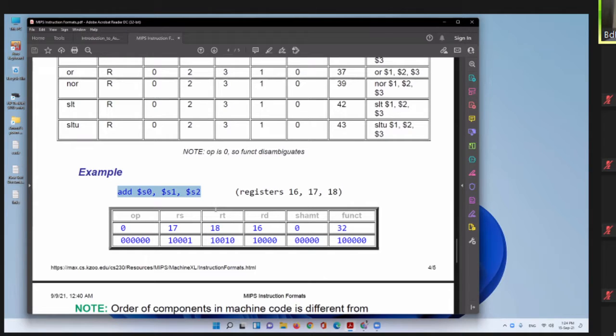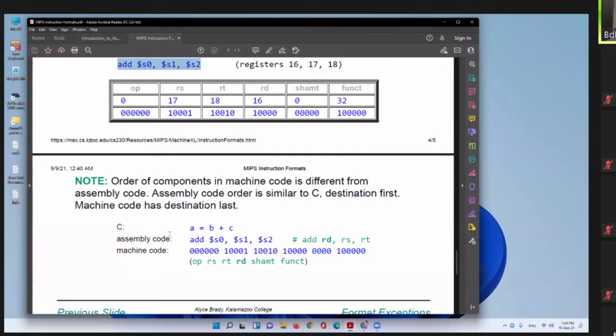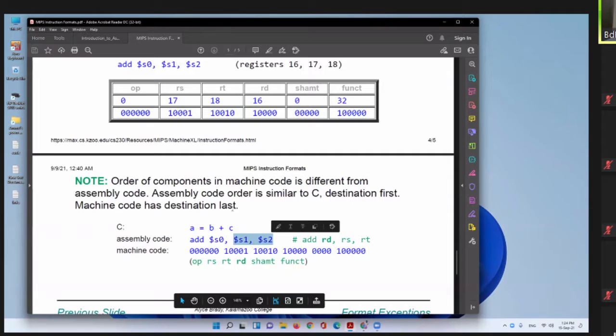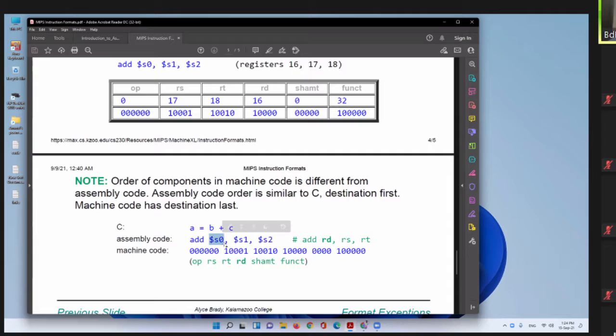Okay, if you want to see the equivalent code of this high-level language, then it will be this. So this one we'll consider as A, this one we'll consider as B, and this one we'll consider as C. Because we know that whenever you write add, these 2 numbers will be added together and the result will be stored into this register always, especially for the MIPS.